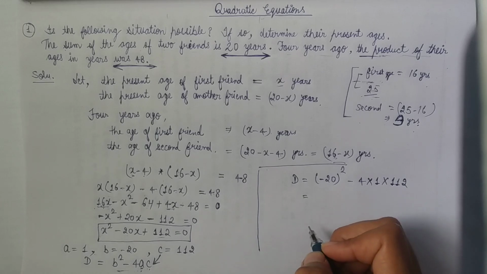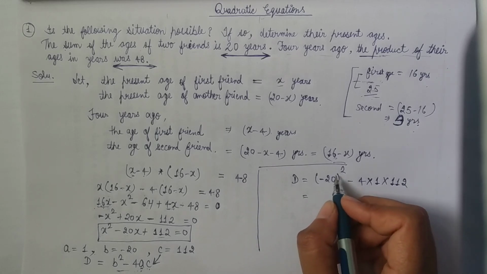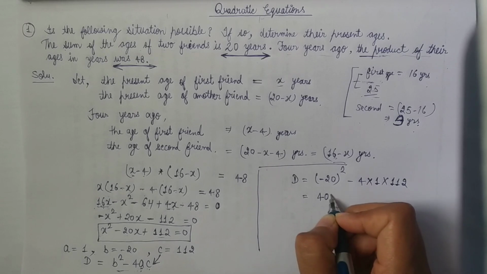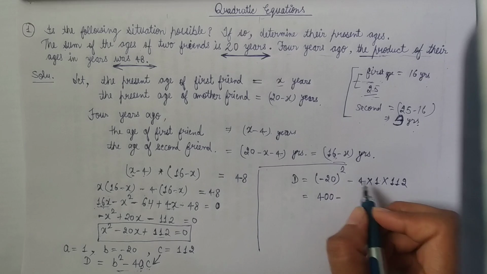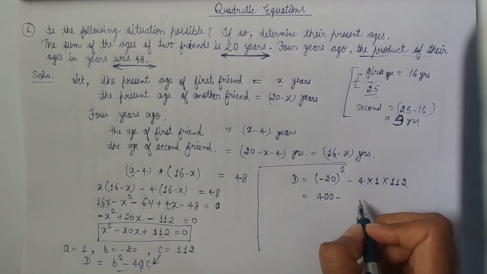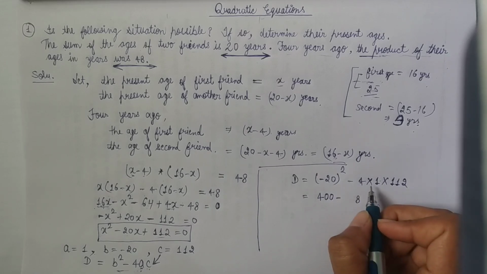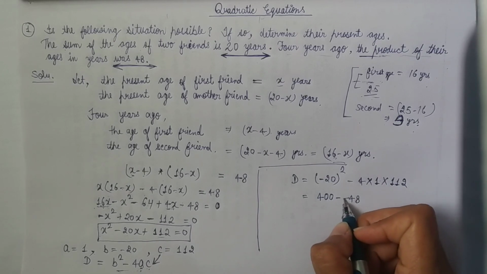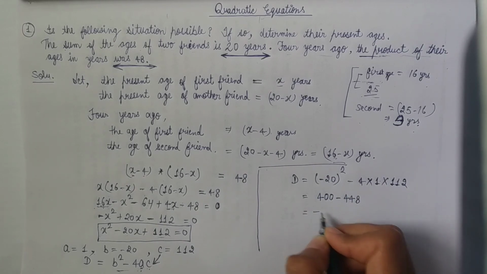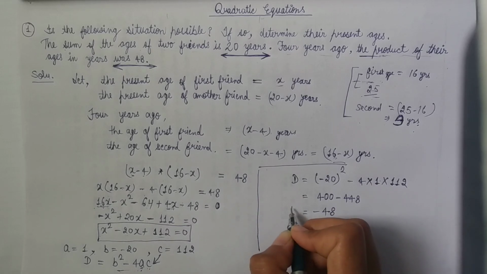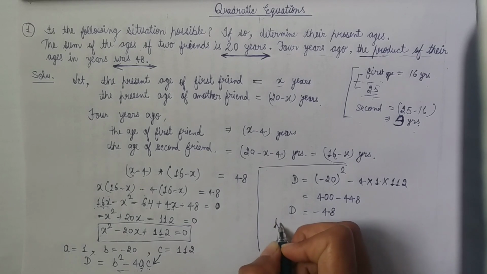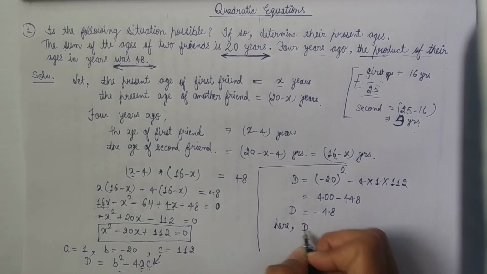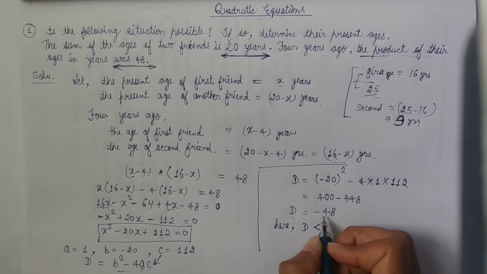So as we know that the square of minus 20 will always be 400 and minus 4 ones are 4 and 4 multiplied by 112. So what we will get? That will be 4 2s are 8, 4 4s. So this will be minus 48. So d is equal to minus 48, and here d is lesser than 0 because we are getting here minus 48.